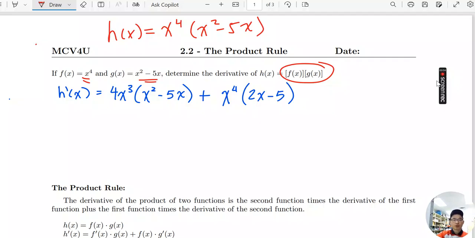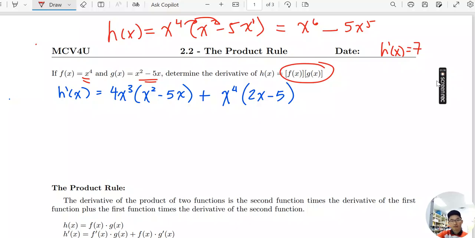Just to show you that they do indeed equal, if I were to expand it in, I'll get x^6 minus 5x^5, because x to the power 1 times x to the power 4 is x^5. Then if I were to find the derivative of that, I know this is terribly messy, but this is just to prove something.